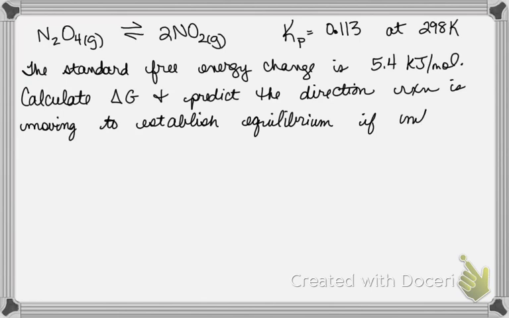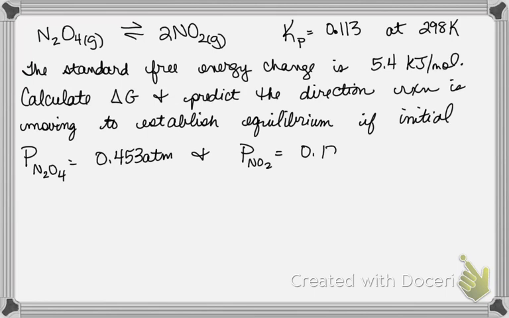If the initial pressure of N2O4 is 0.453 atmospheres and the initial pressure of the NO2 is 0.122 atmospheres. Okay, see if you can use the equation I just introduced to calculate that on your own. So pause the video and do that.